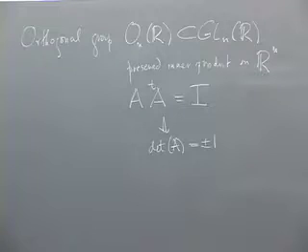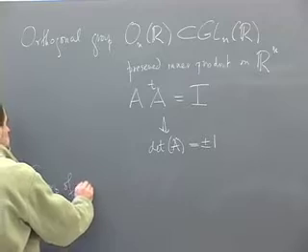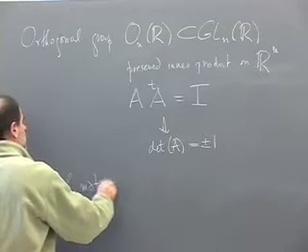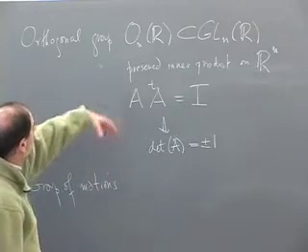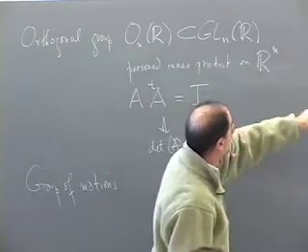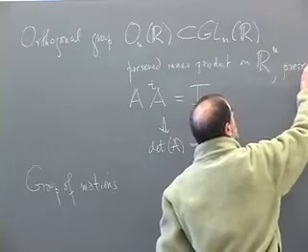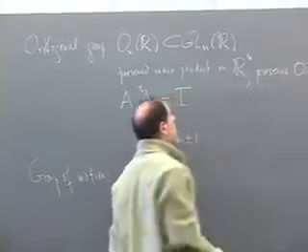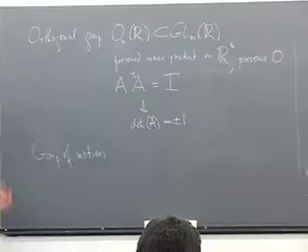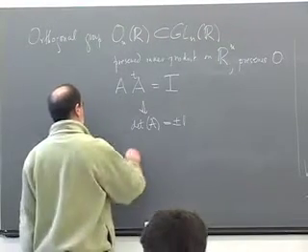And then we did the group of motions. That was the combination of the orthogonal group with translations. Now, the orthogonal group acts on R^n. It preserves the linear structure and it preserves the inner product, so in particular, it preserves the origin of the vector space. The group of motions is something that's going to take any point to any other point, and that we call G or something.